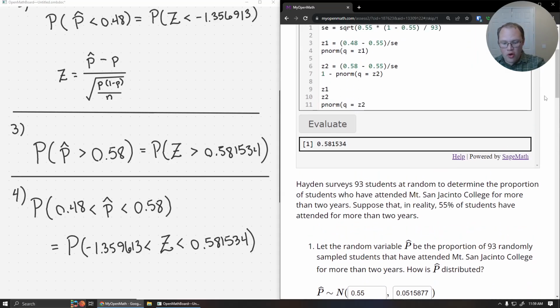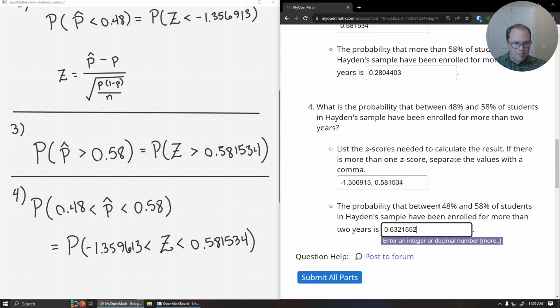We calculate all the area to the left of the bigger z-score. That's too much, so let's subtract the extra, which is everything left of the smaller z-score. This is always how we calculate the probability in between two values in the standard normal distribution: pnorm of the larger z-score minus pnorm of the smaller z-score. Let's evaluate, and our probability is 0.632155. There is about a 63.2% chance that in Hayden's sample, his sample proportion will be between 48% and 58%.